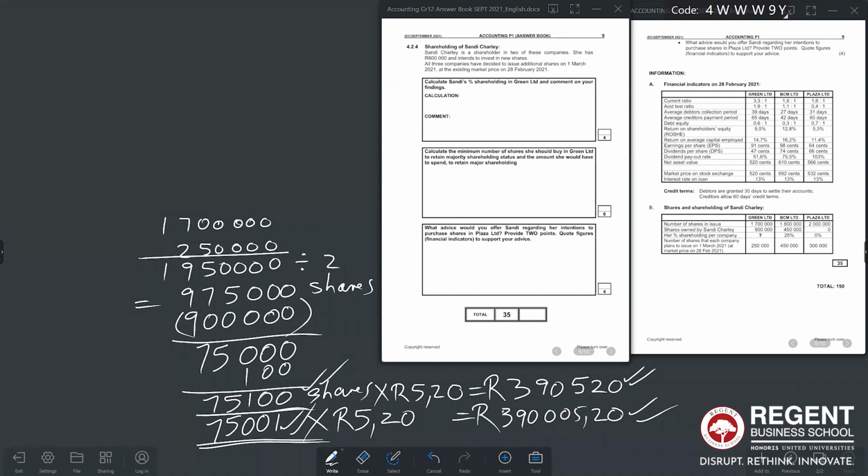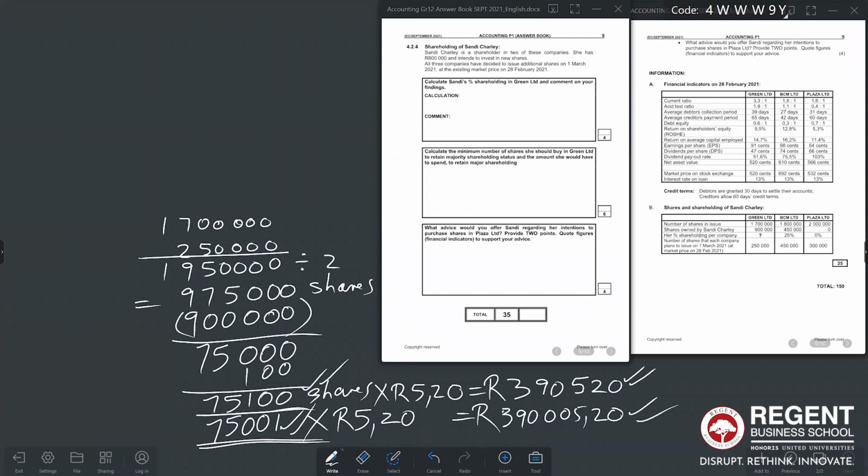This means that the share is undervalued. There's very little demand for the share, because people are not prepared to pay what it is worth. So your advice to her: there's a lower market price, which means there's a drop in the demand for the share.